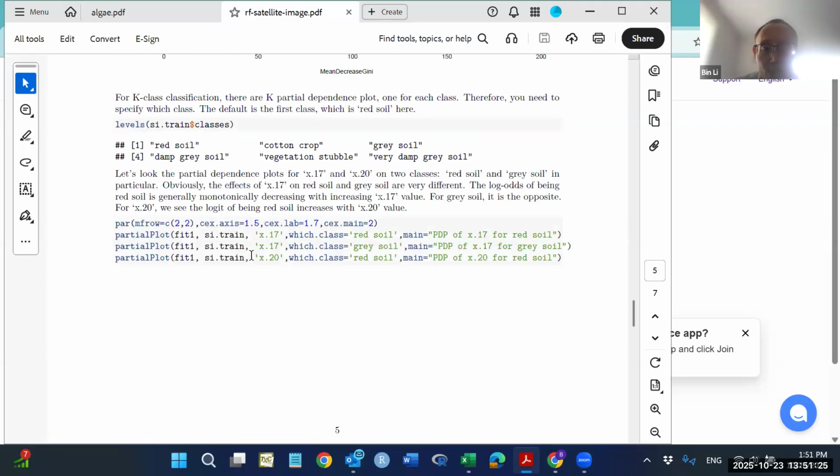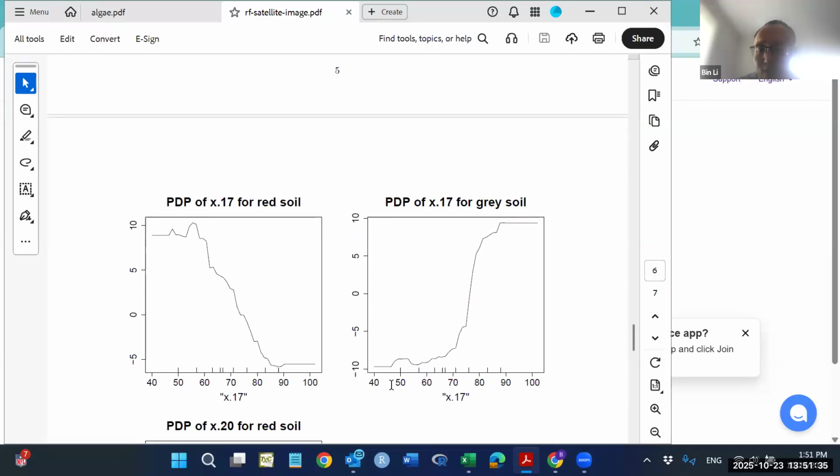Now, the next one, I'm still looking at x17, but this time I'm looking at the gray soil. Okay, so it's a different category. Now you can see when the x17 reading increases, the chance or the likelihood of being the gray soil actually increases. So that's why you need to specify which class you are looking for.